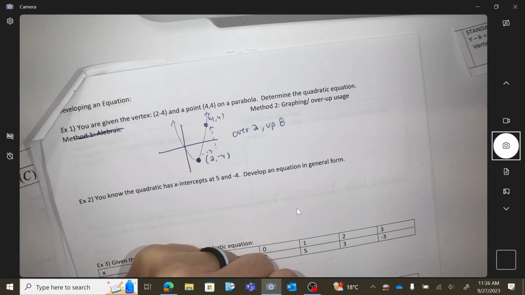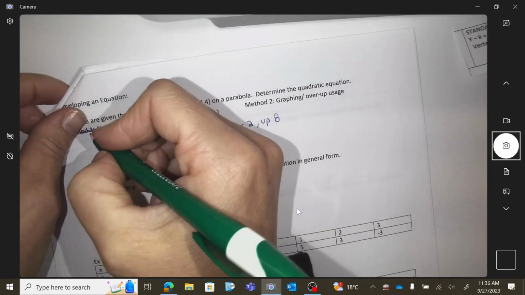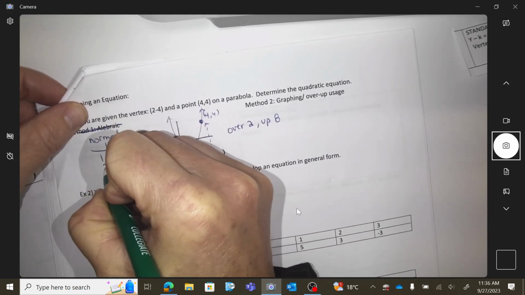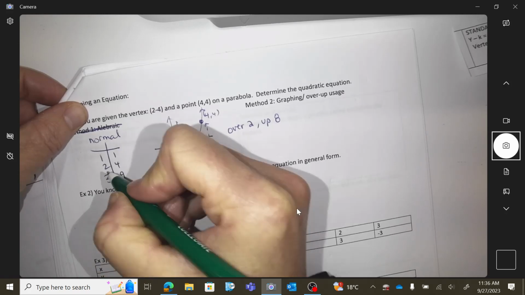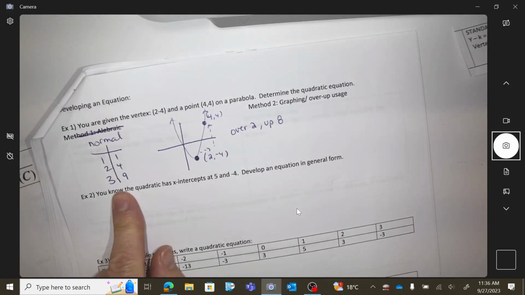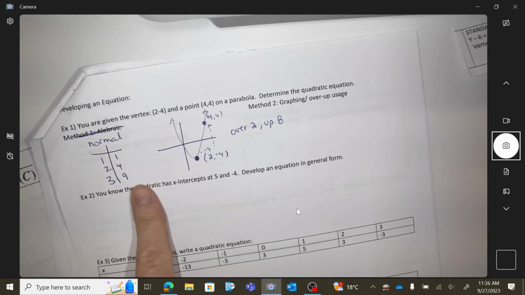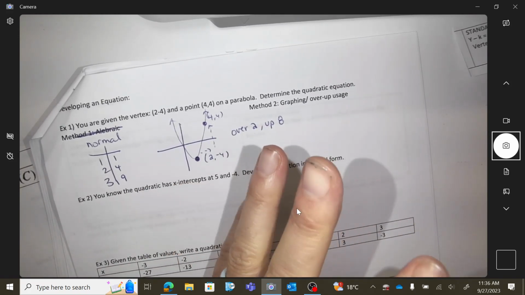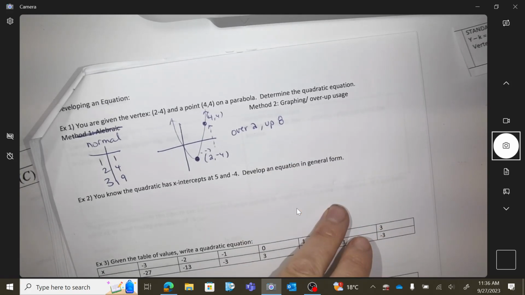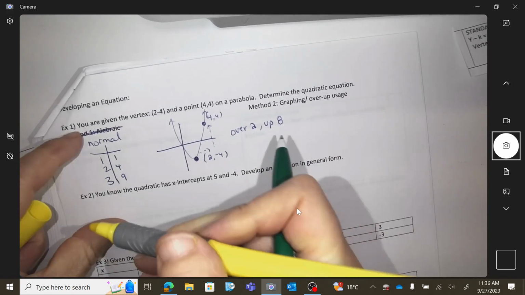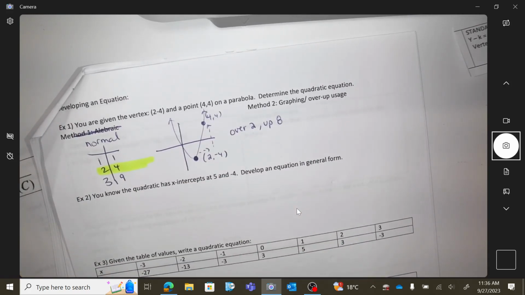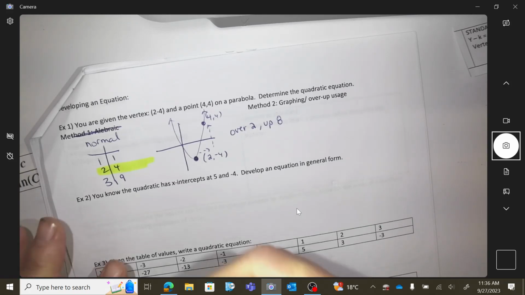Is that normal? So I'll draw the normal chart. This is the normal chart. 1, 1, 2, 4, 3, 9. Did you do normal? No. So if I go over 2, I should actually only go up 4, but I went up 8.